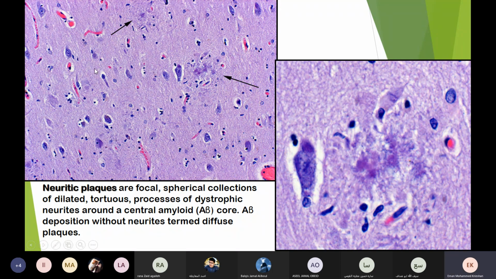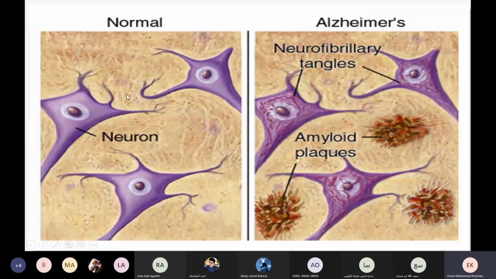When there are multiple neuritic plaques, there will be diffuse plaques. So these are neuritic plaques of Alzheimer's disease. So we have neurofibrillary tangles and amyloid plaques. Remember, neurofibrillary tangles are intracellular and amyloid plaques are extracellular. These are features of Alzheimer's disease.